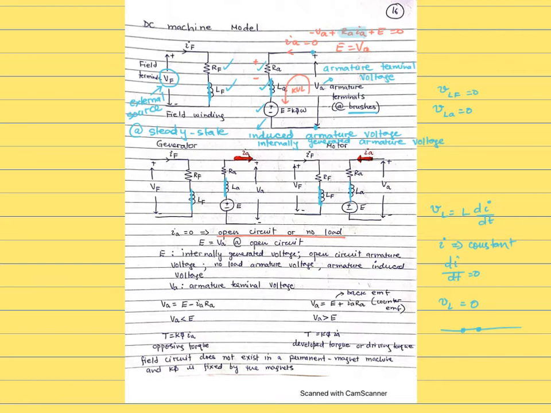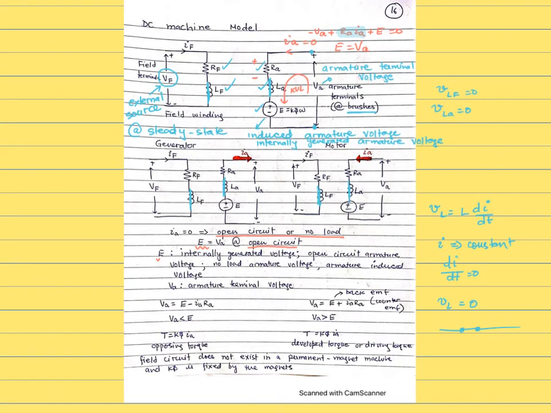Open circuit is clear to everyone, so current goes to 0. The no load, to explain, is when the mechanical load does not want any current to be supplied by the machine, or the mechanical load is not supplying anything into the machine, depending upon motor or generator action. So under open circuit or no load, E is equal to VA.